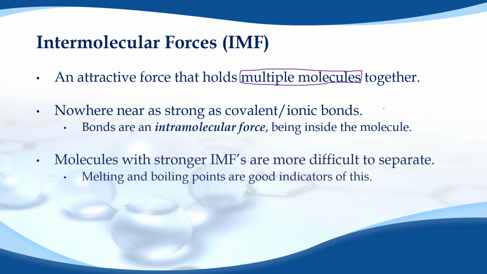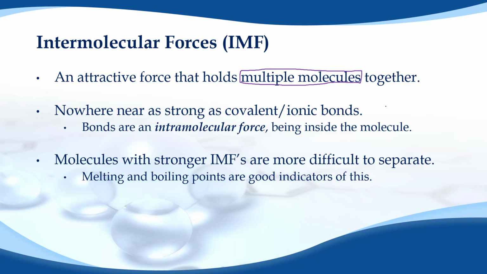Now, the stronger the intermolecular forces are in a substance, the more difficult the particles are to separate. Just like when we were doing periodic trends, the stronger the attraction the nucleus had for the valence electrons, the harder those electrons were to remove. Same thing here. The stronger the attraction between the two molecules, the harder it's going to be to separate them.